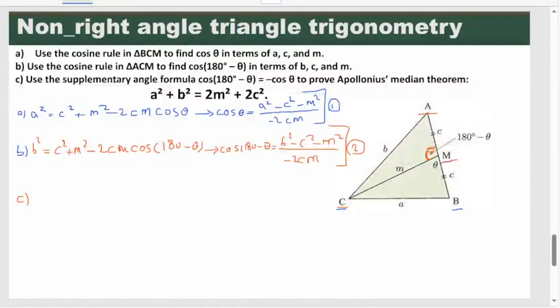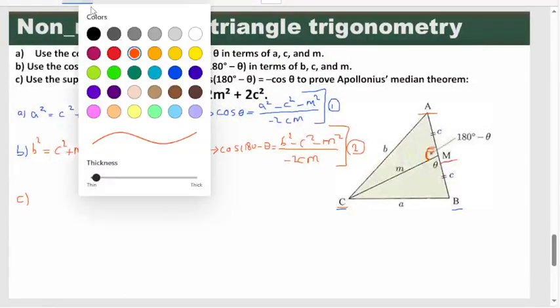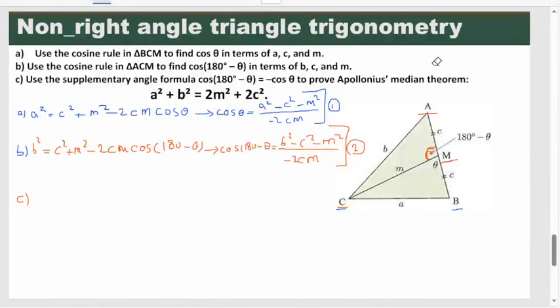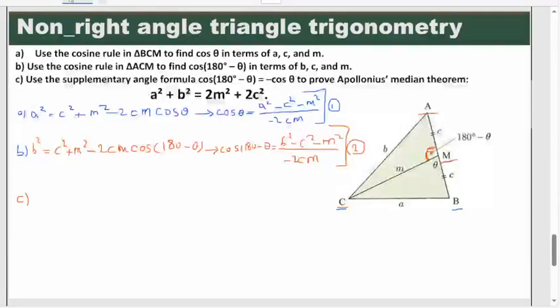For part C, it says use the supplementary angle formula, cosine 180 minus theta equals negative cosine theta, to prove this theorem. So I try to use a unit circle.